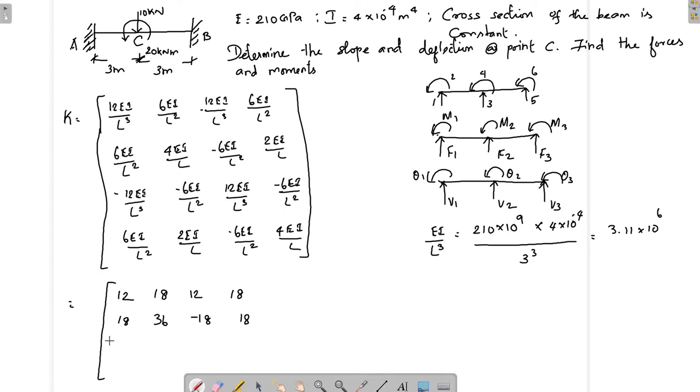So we can fill the remaining matrix: minus 12, minus 18, 12, minus 18. The last row, 18, 18, minus 18 and 36. So this is the stiffness matrix, which is similar for both the elements K1 and K2.